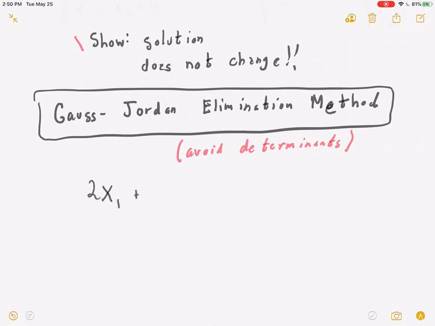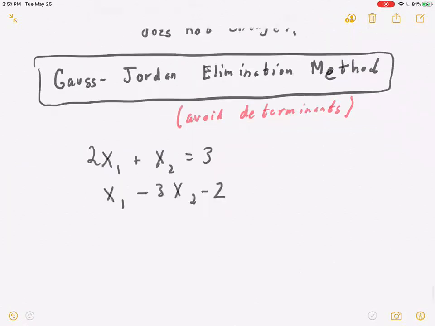So let's do it for a very simple system. Here are two linear equations. The unknowns are x1, x of 1, and x of 2. And I want to use the Gauss-Jordan elimination method to solve for x of 1 and x of 2 without determinants.